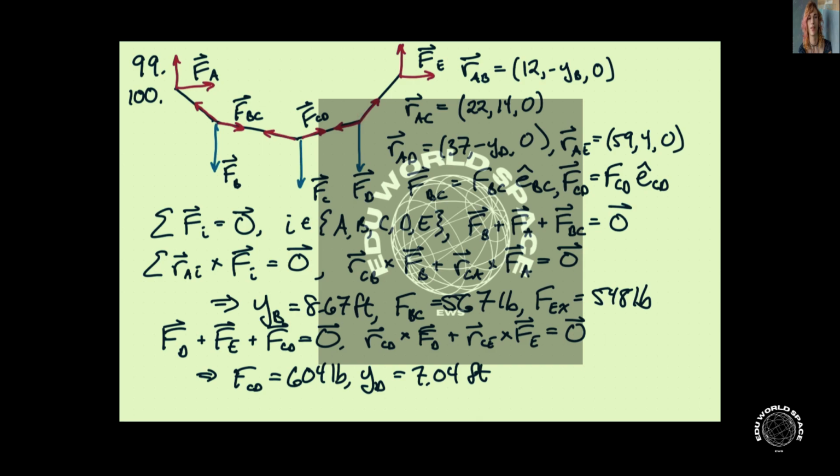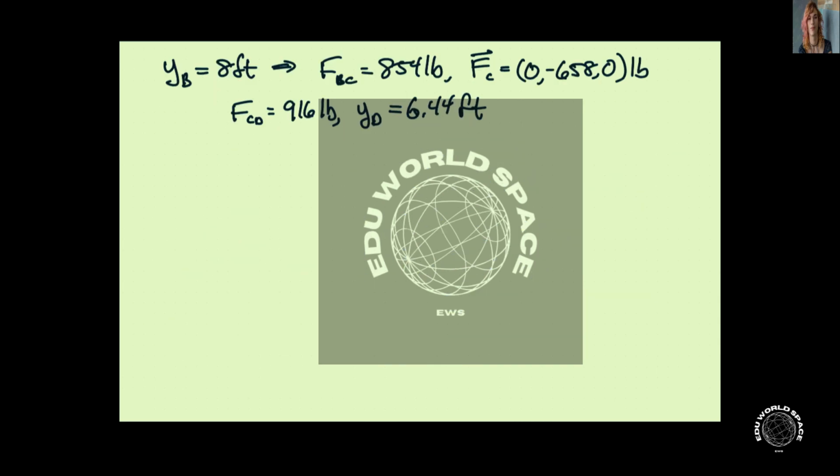So we can use the same equations as we derived before, but now let this force be an unknown. We have an unknown component in the vertical direction, and YB is known. So again, we can crank through the algebra.